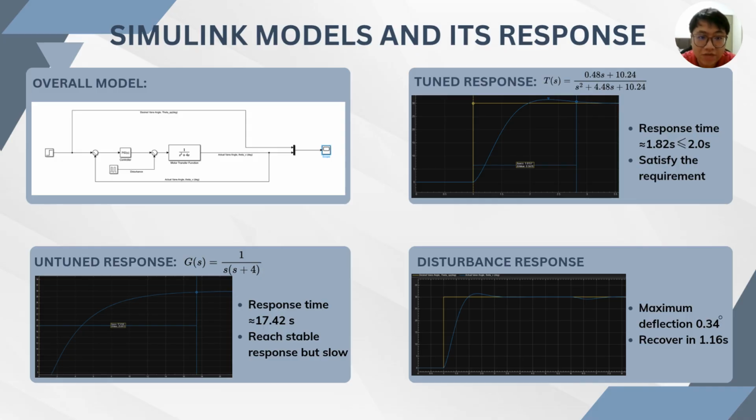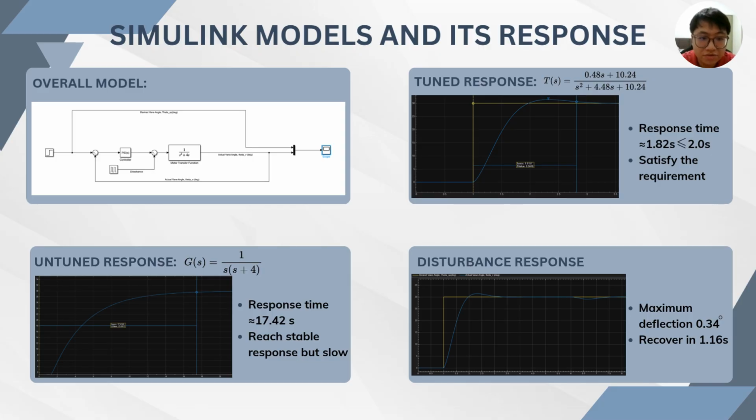Three cases were evaluated in this project. In the first case, the untuned actuator reaches the target very slowly, taking approximately 17.4 seconds after the command. In the second case, the proportional gain was set to 10.24, while the derivative gain was set to 0.48. The settling time improves to approximately 1.82 seconds, which satisfies the 2-second requirement.